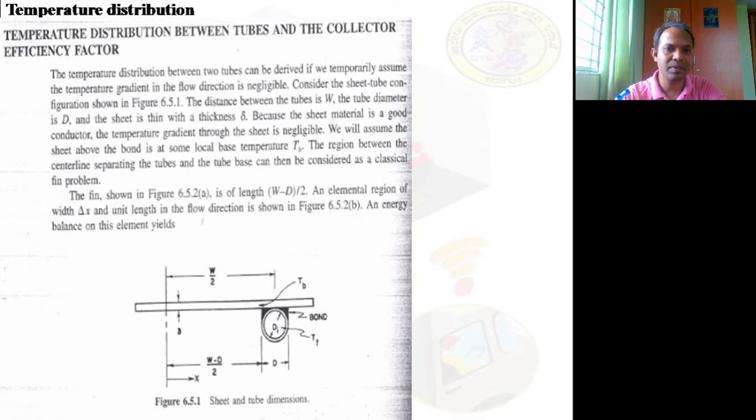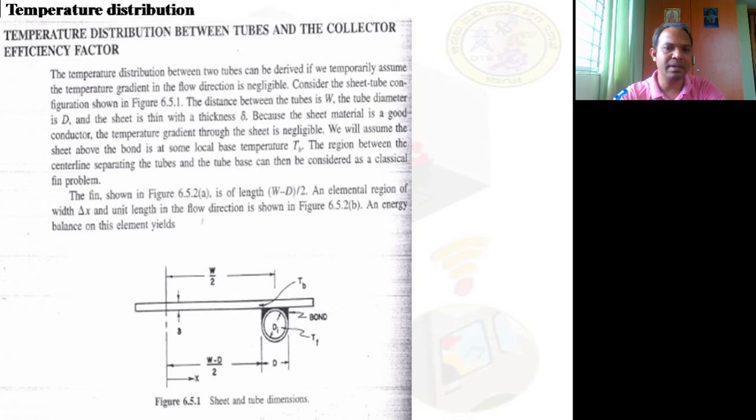If you have a thicker covering layer, the solar radiation will not penetrate that much, so less solar radiation will penetrate into it. Hence we always take a low thickness delta. We will assume the sheet above the bond is at some local base temperature, which is assumed to be the base temperature, TB.